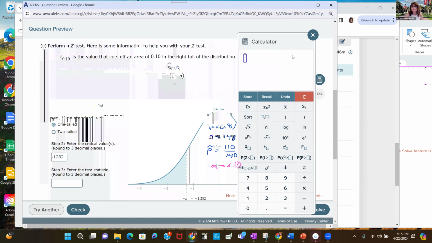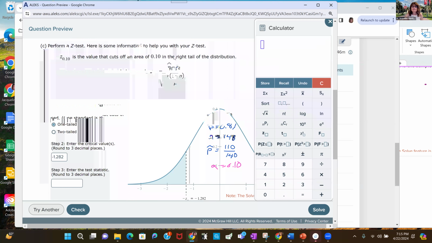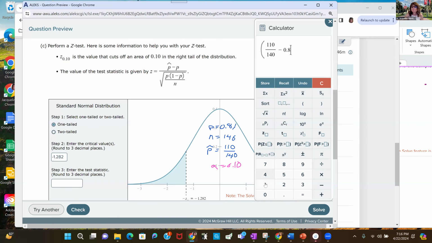And then you can calculate this test statistic. So on the top, you've got the sample proportion minus the population proportion over the square root of P times 1 minus P over N. Okay.